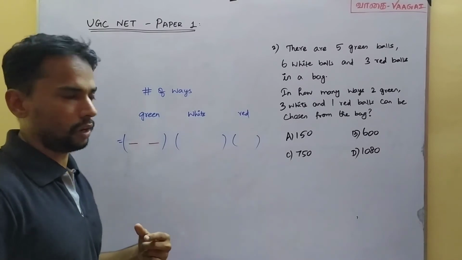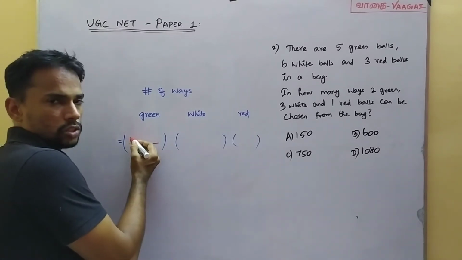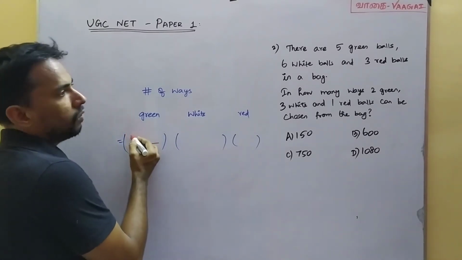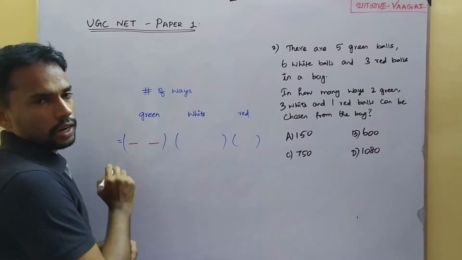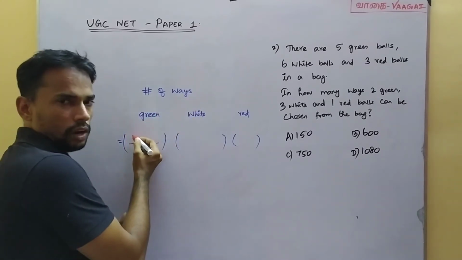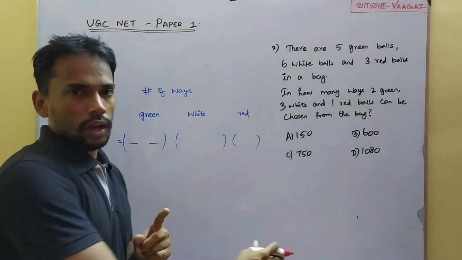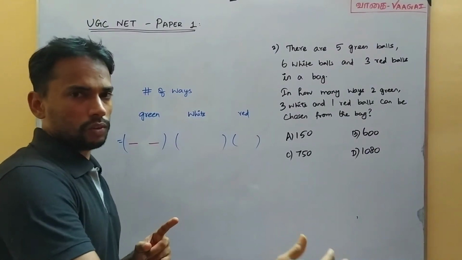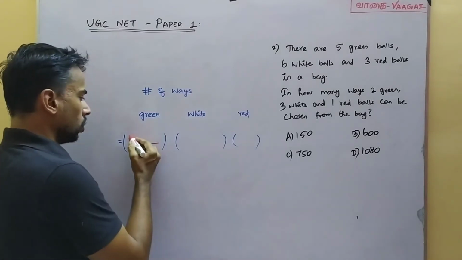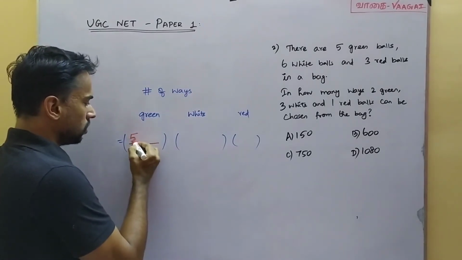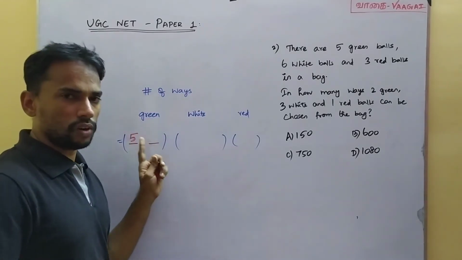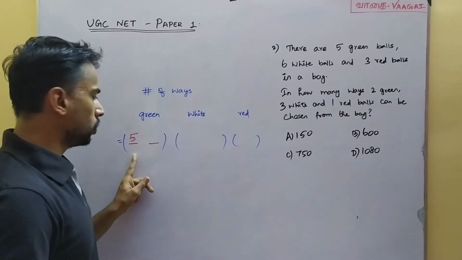That is really important. So come to the first slot. We are going to choose our first green ball. How many ways do we have? Out of 5 balls, I can choose any one. So we have 5 ways to choose the first ball.